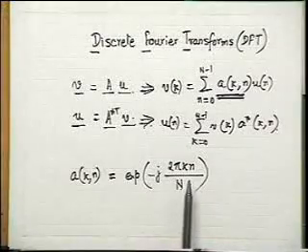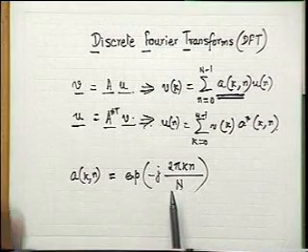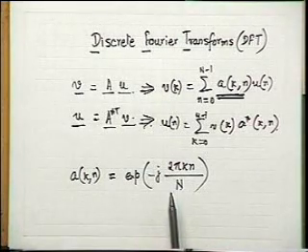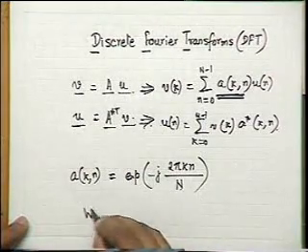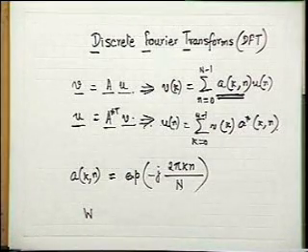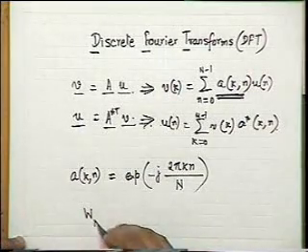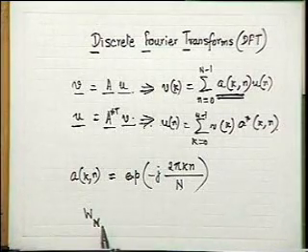Now the only thing is that writing this exponential to the power minus j 2 pi k n by N every time is a little bit problematic. So what I simply do is define a symbol, w, and keep capital N as its base.